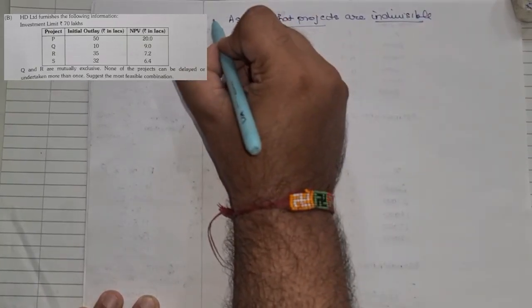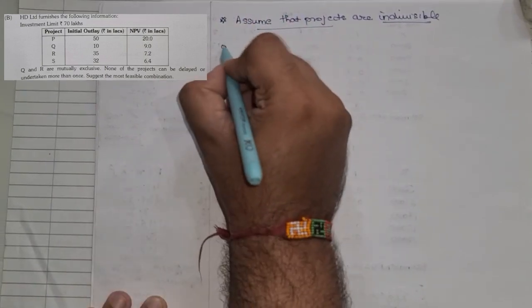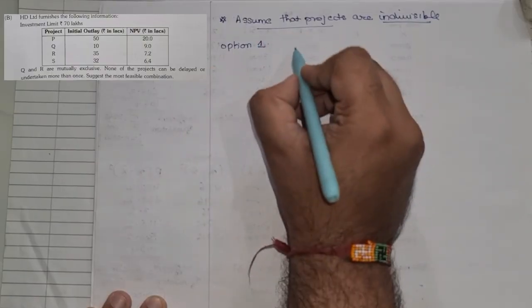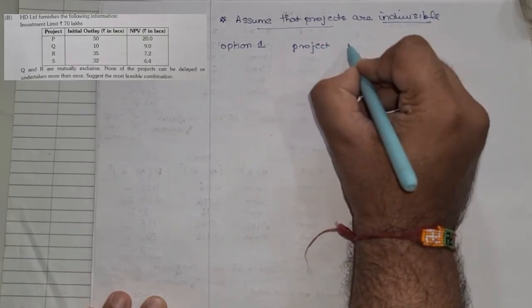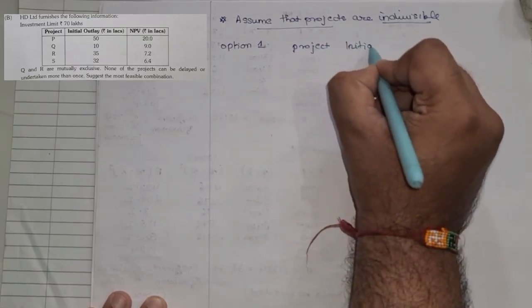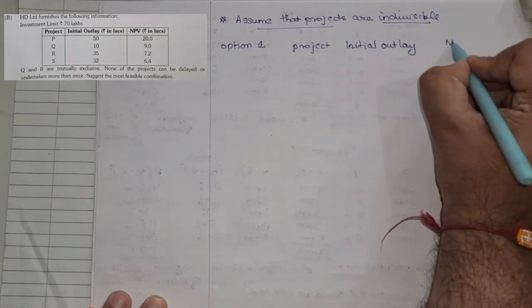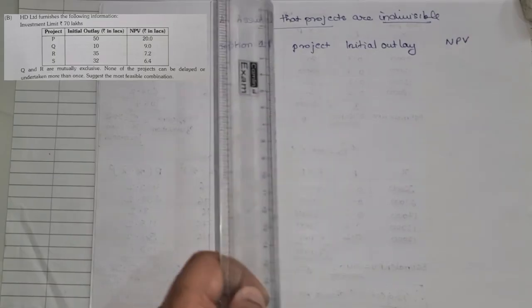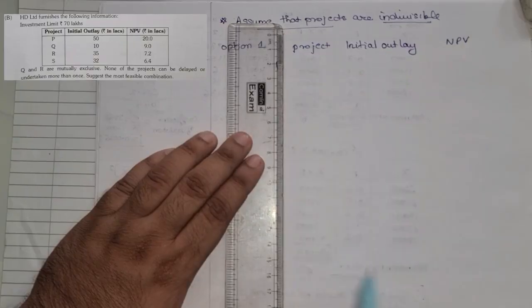If the projects are indivisible, now we'll start with various options. Option 1. Columns will be like, we'll have the projects, we'll have the initial outlay, and we'll have the NPV. So I'll just make a column kind of.